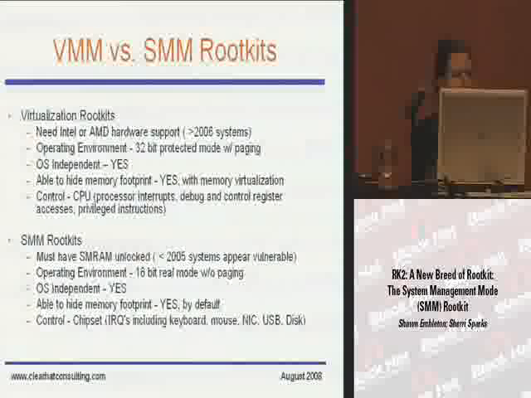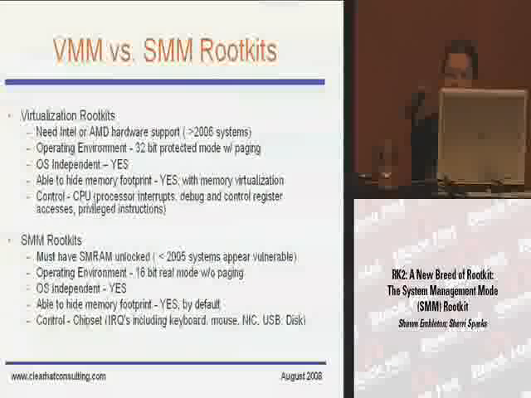Both rootkits can exert a high degree of control over the system. Both can implement most types of rootkit functionality that you would want because they can both interact with the underlying hardware at a low level without alerting any kind of a host OS that might be running above. But the VMM rootkit controls the system in a different manner.